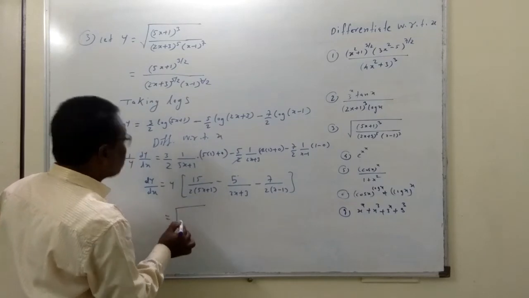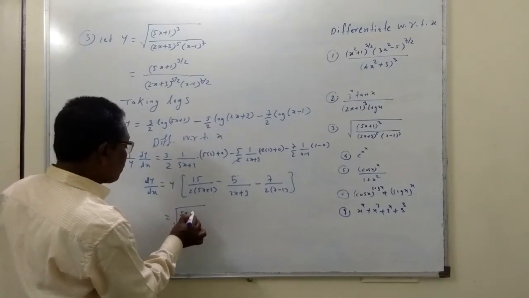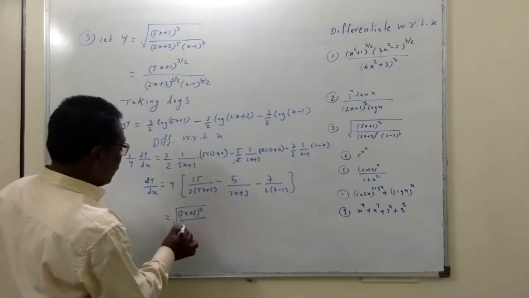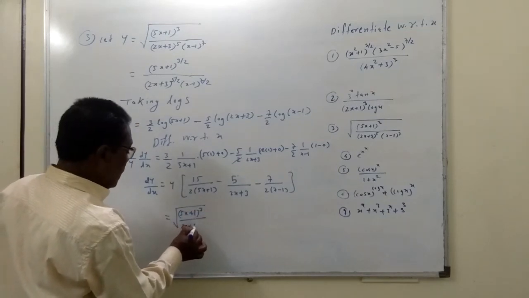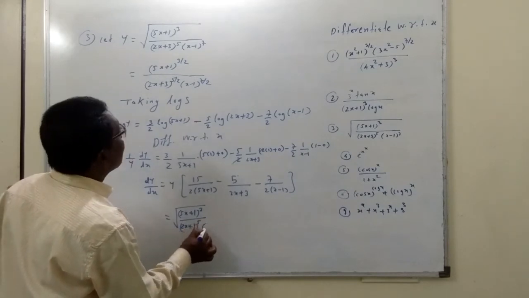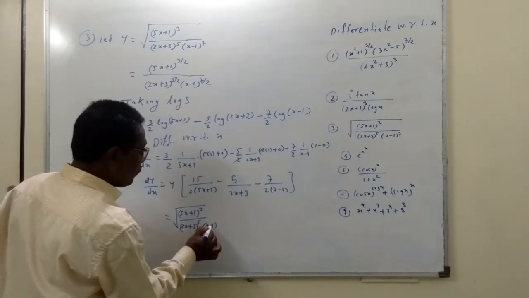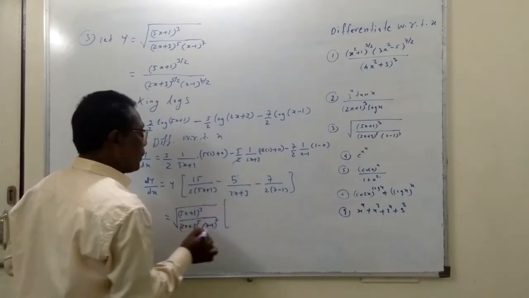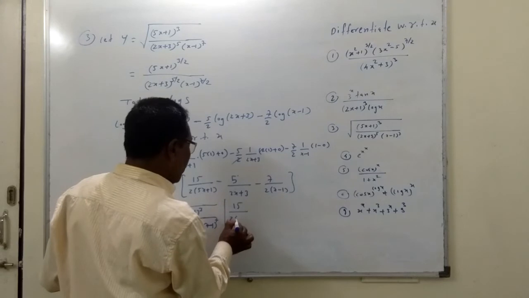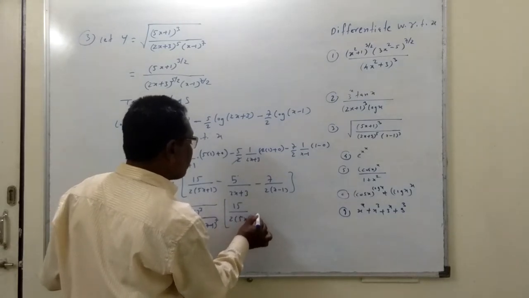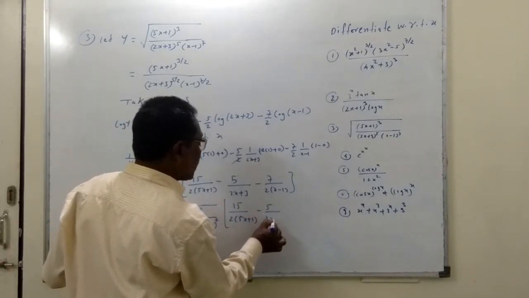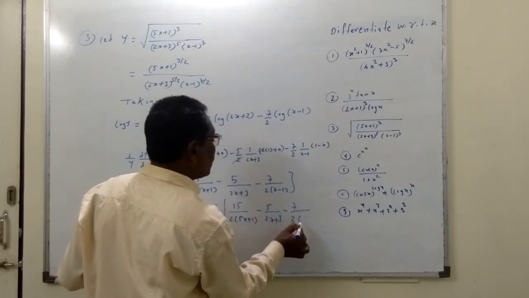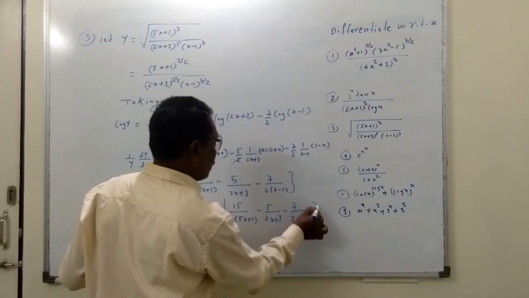So root of 5x plus 1 raised to 3 divided by 2x plus 3 raised to 5, x minus 1 raised to 7, into bracket 15 divided by 2 into bracket 5x plus 1, minus 5 into bracket 2x plus 3, minus 7 divided by 2 into bracket x minus 1.